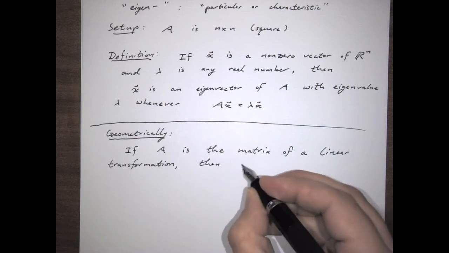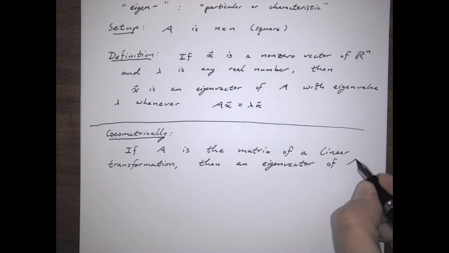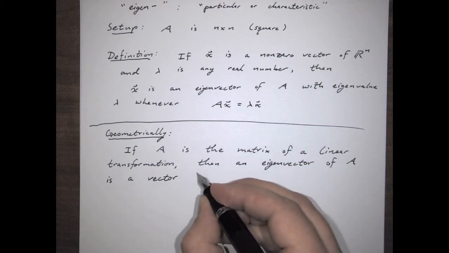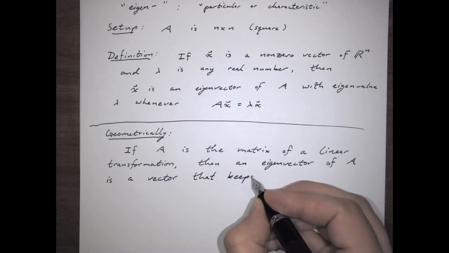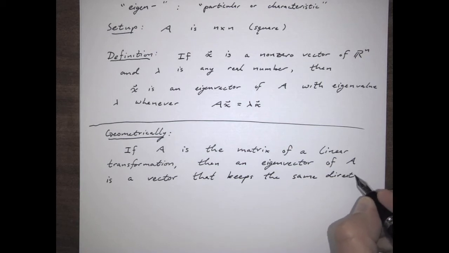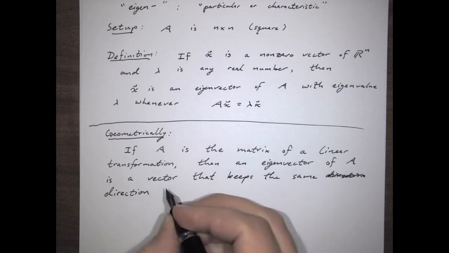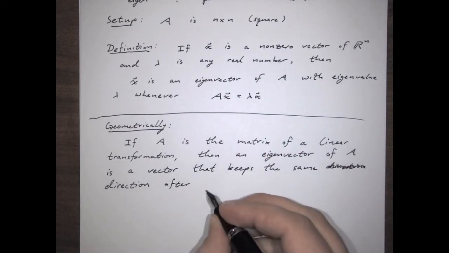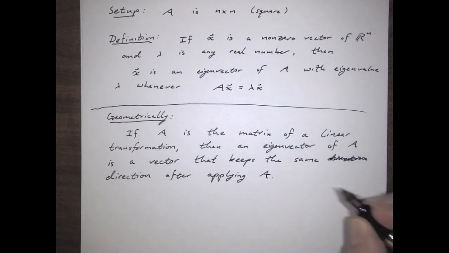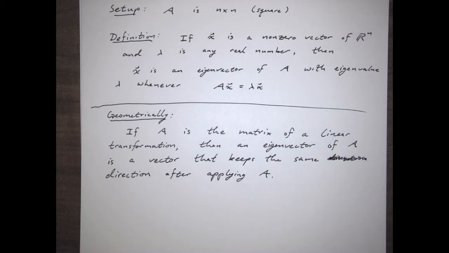Then an eigenvector of A is a vector that keeps the same direction after applying A. So that is actually, although I've now couched it in an even more abstract formation, this is actually going to be the key to what makes it valuable.